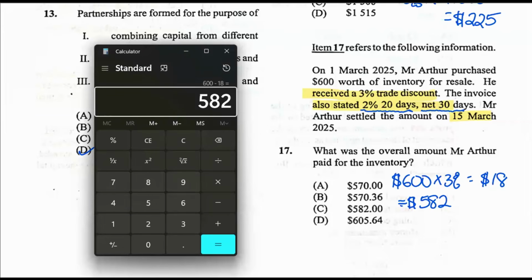So let's see what that 2% cash discount would have been. Good, so you also there get 11.64. So let's check it out.